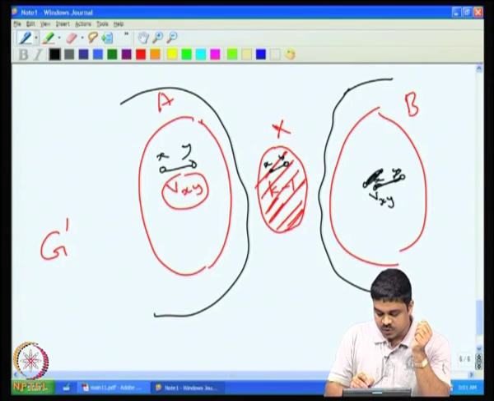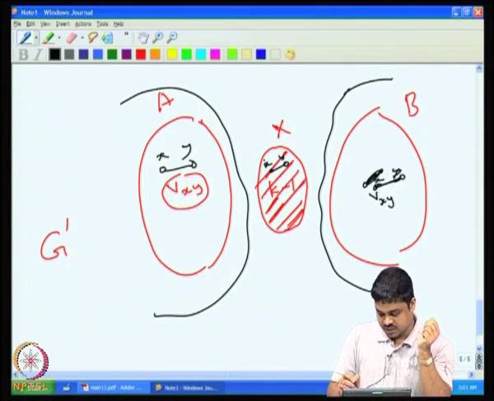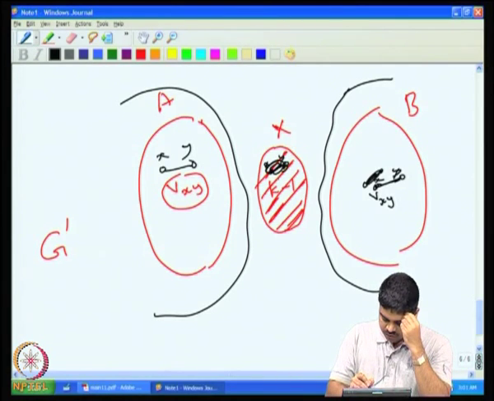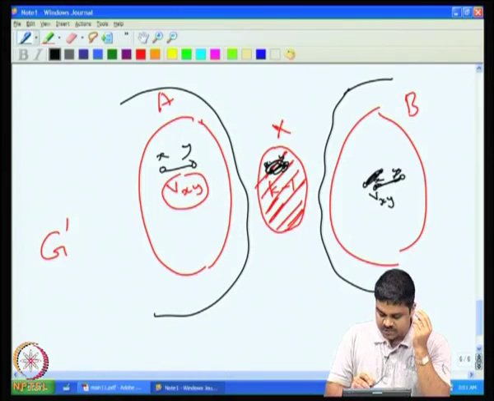So, Vxy has to be in this separator. So, x and y have to be in the separator. Vxy could be replaced by the original xy.